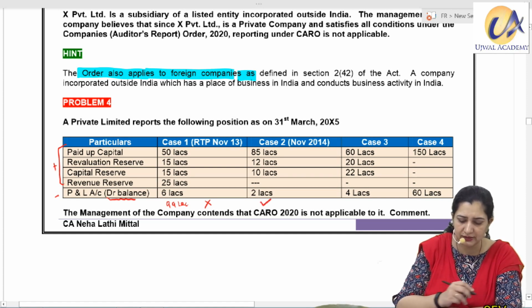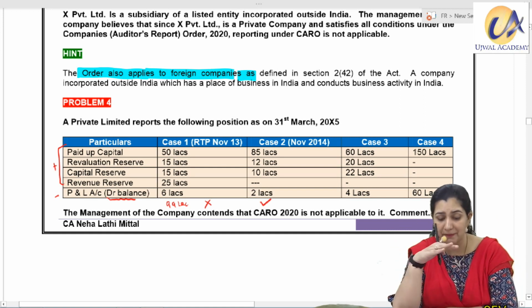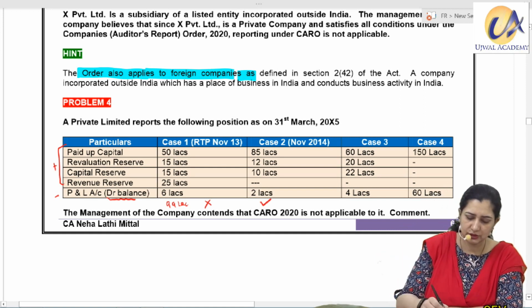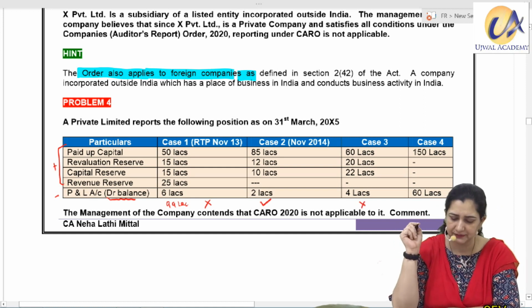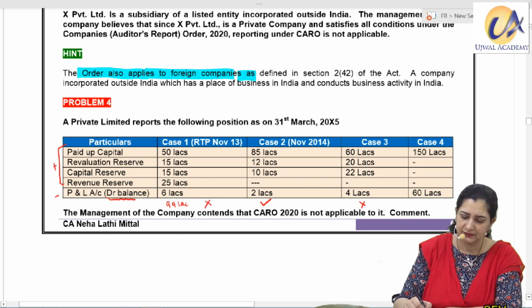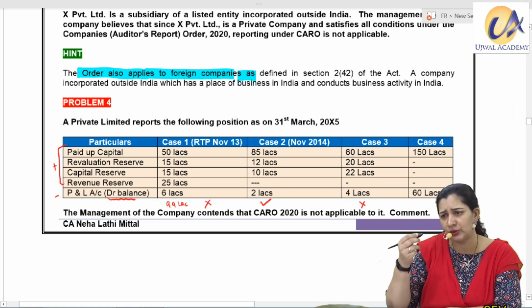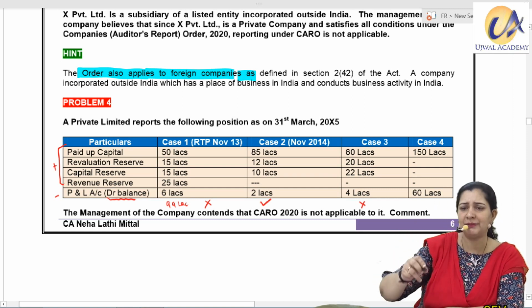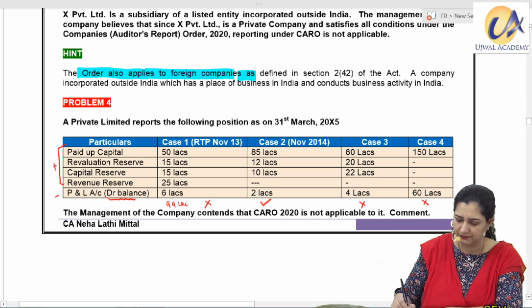Last one, the third one, 60 plus 20 plus 22 minus 4. Not applicable, less than 1 crore. 98 lakh it is coming. And the last one, this will be 150 minus 60, right? That also you have to minus. Even if you don't have any reserves, your P&L debit balance is always minused. 90 lakh, again not applicable.